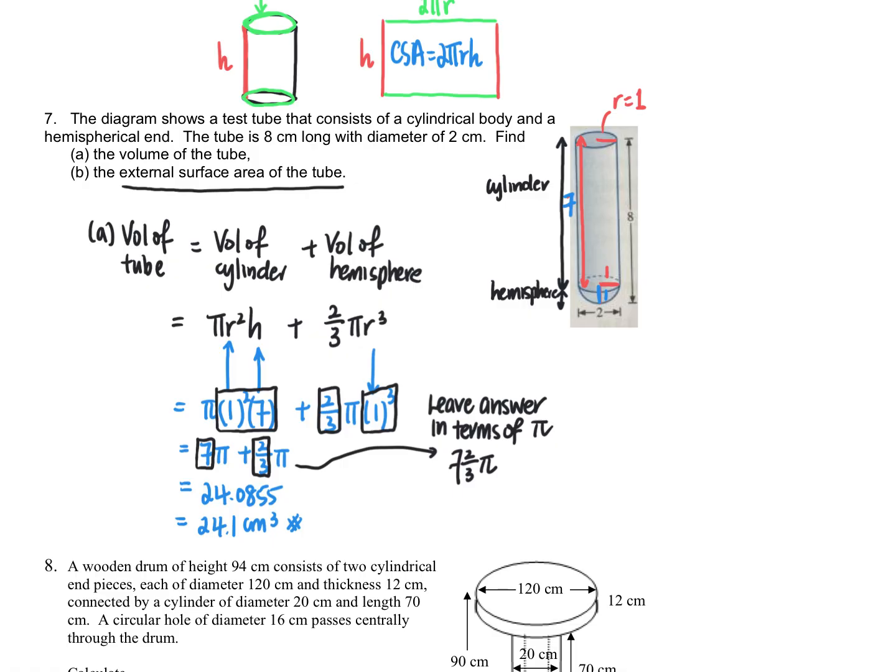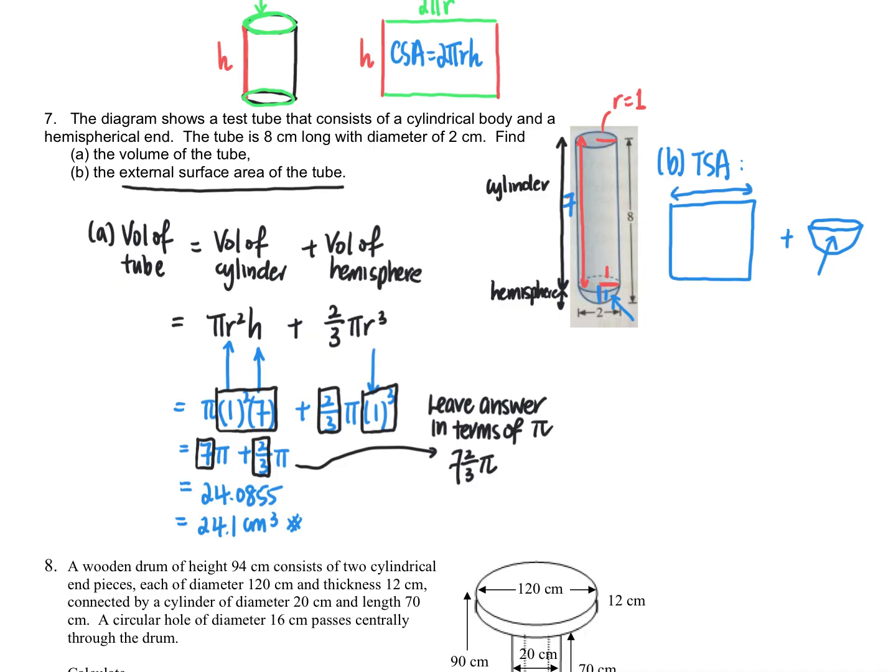Okay, so to find the total surface area, I need to find the curved surface area of the cylinder part, which is this part, and then the curved surface area of the hemisphere, this part. So first of all, I need this.